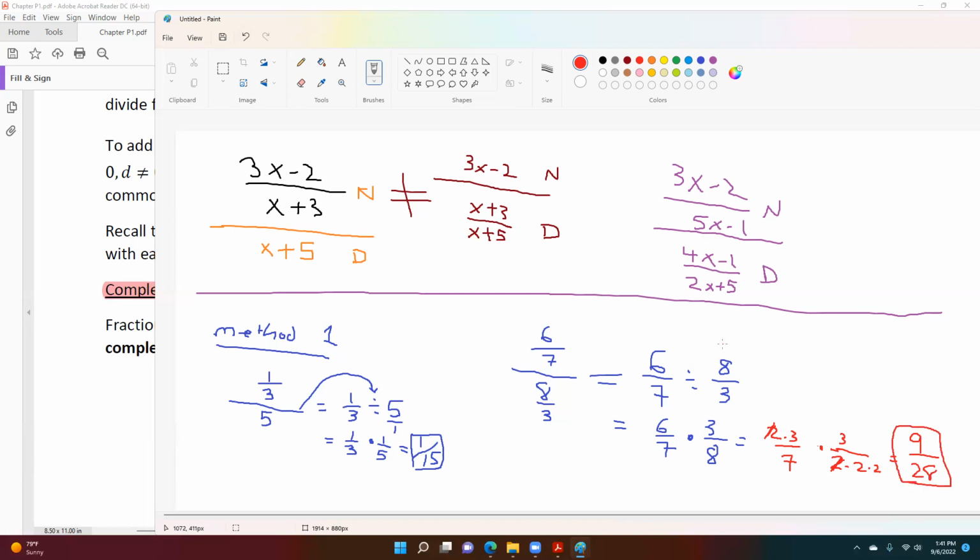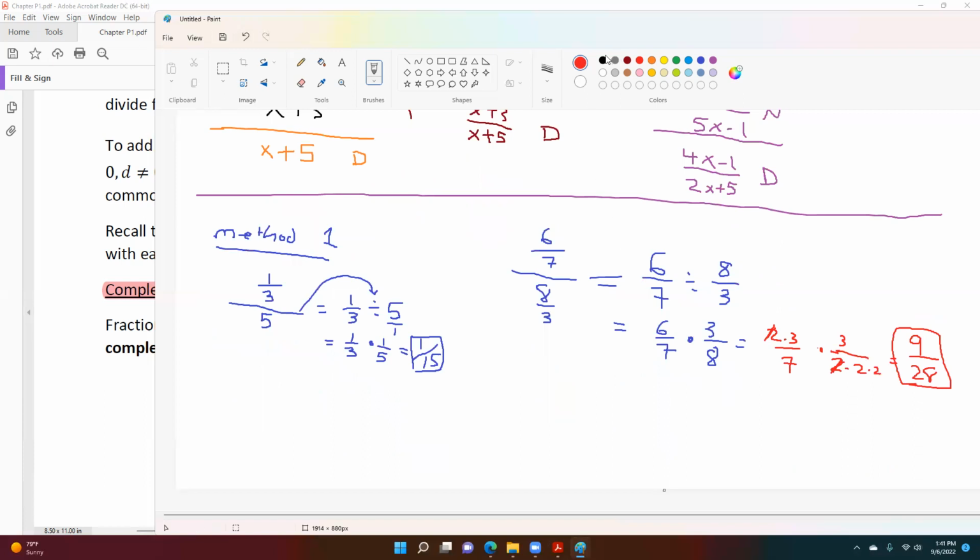So this is what we do in method one. First, write the long division sign. You change that to become divide. So this is the numerator, divided by the denominator. This is what you need to do first: write your numerator divided by your denominator.